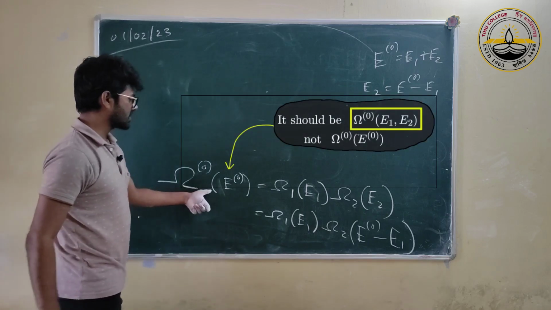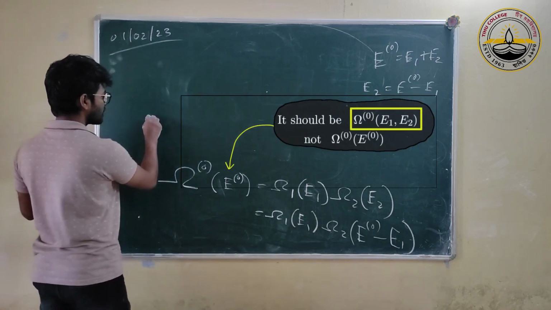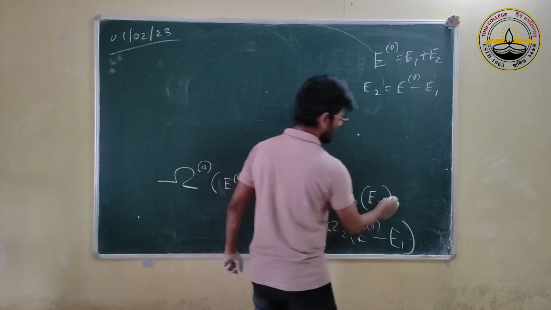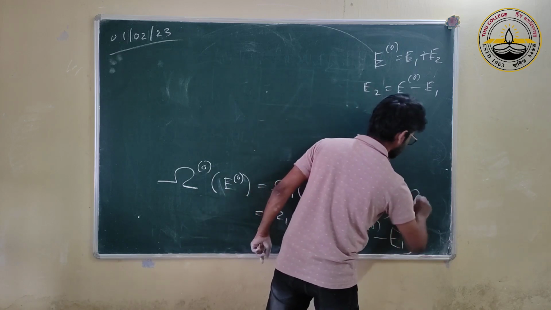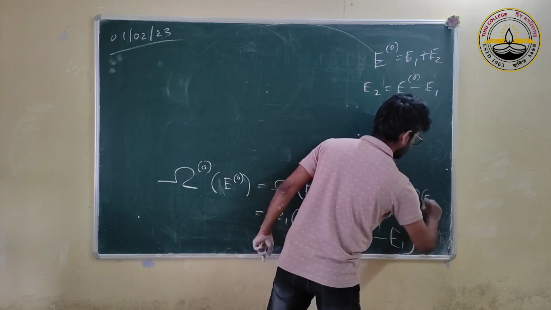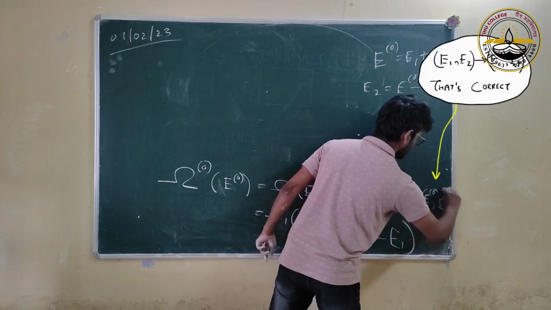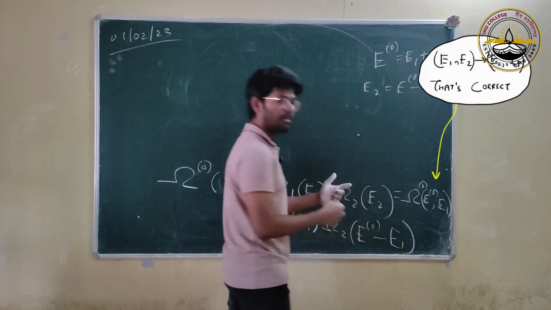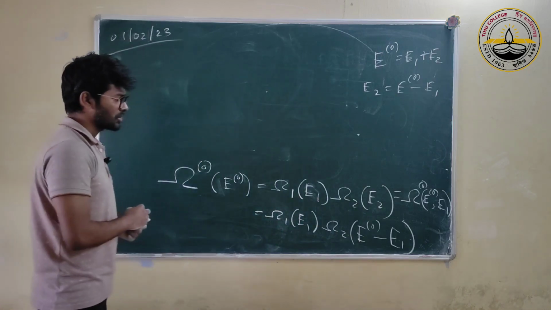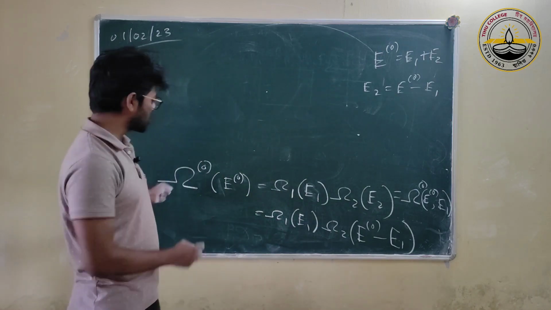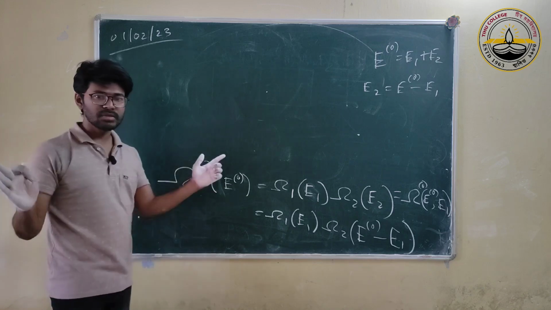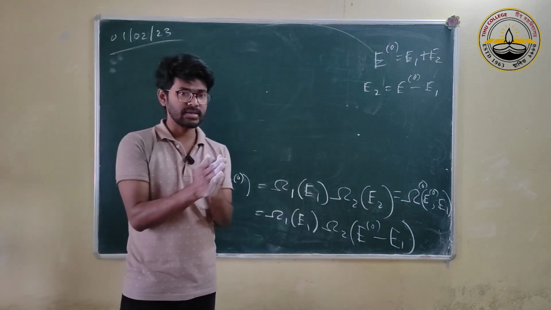So I can write this as a function of E0 and E1. Now remember, this combined function is now changing because the two things are in contact.